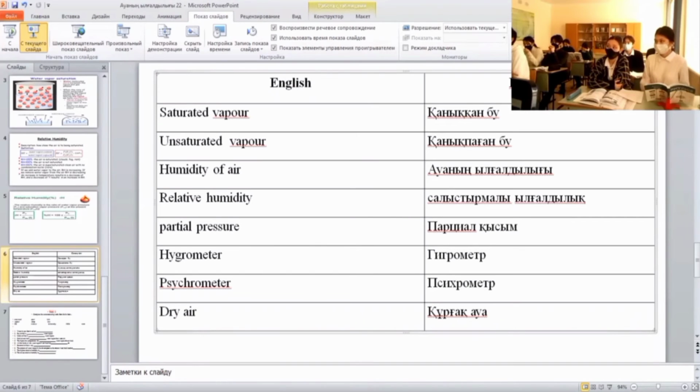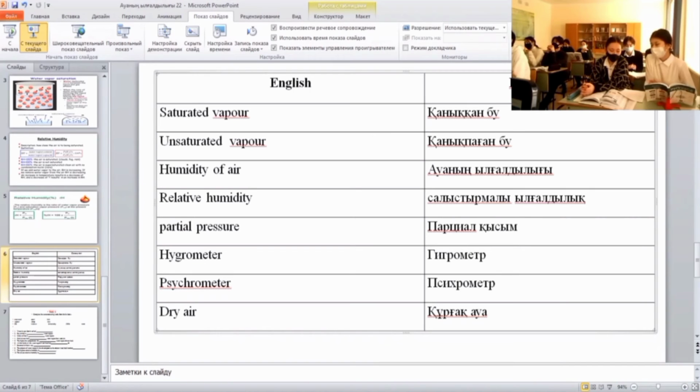Let's read new words. Repeat after me. Saturated vapor. Unsaturated vapor. Temperature of air.